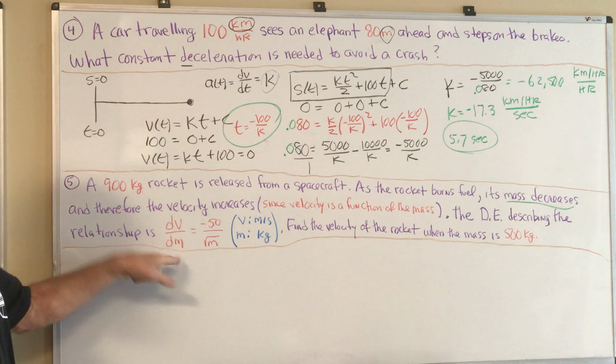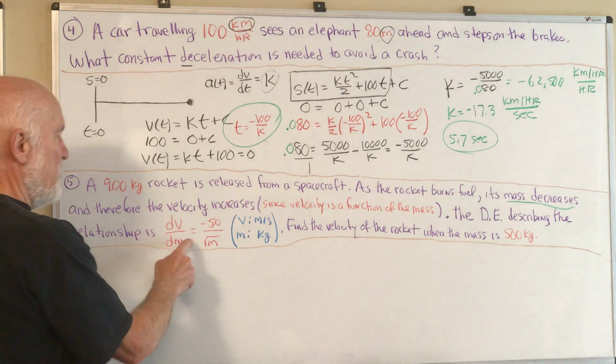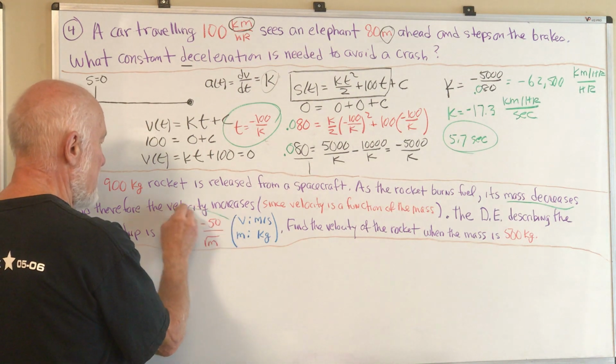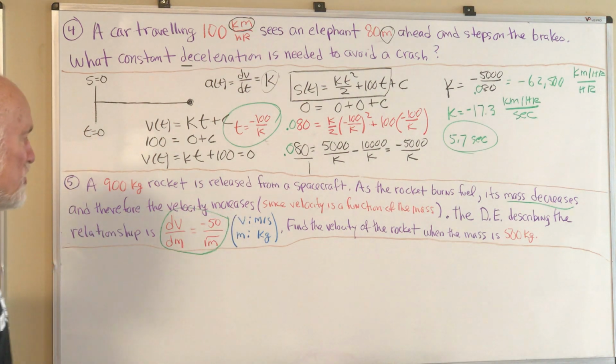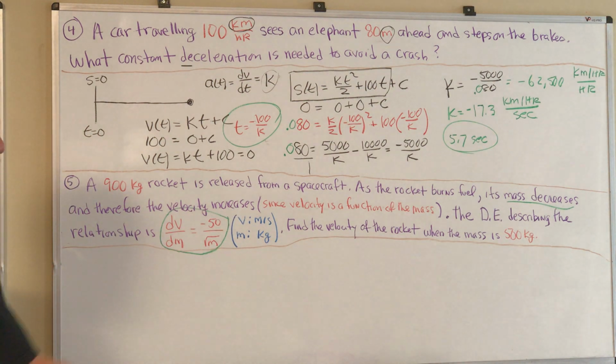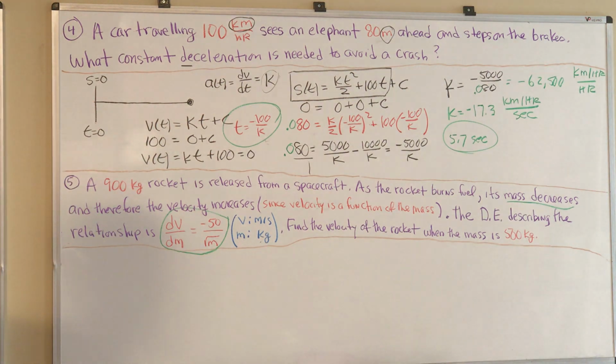Notice this is no longer t. It's now not a function of time, it's a function of the mass. So this is the differential equation that the scientists know, the engineers know, where the velocity is in meters per second and the mass is in kilograms.